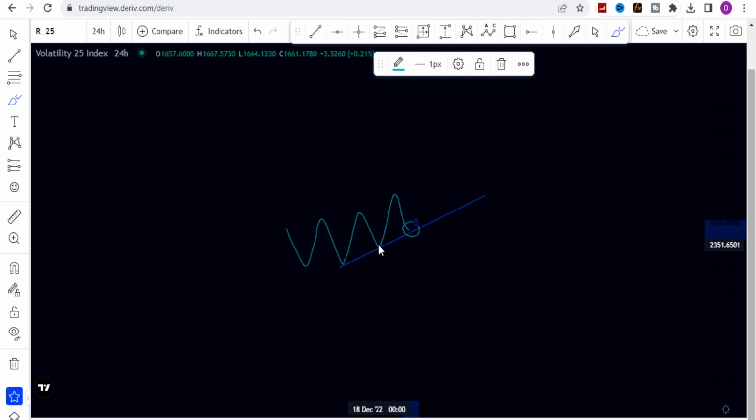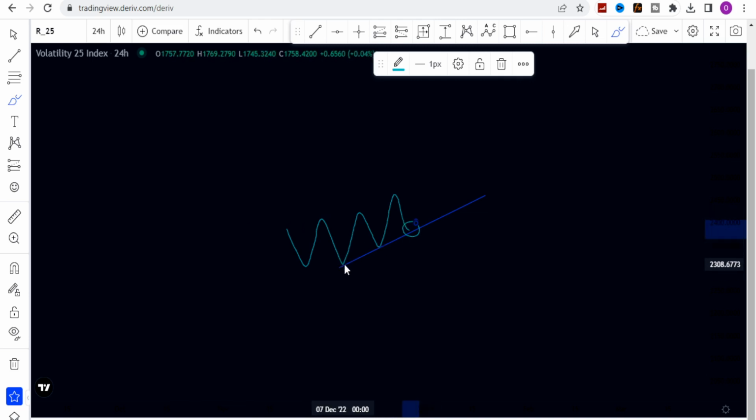All right, and for you to have a perfect entry, and the entry gives you a perfect outcome, it means your price action has to touch your trend line two times, which is this particular one here that you are seeing, and this particular one.